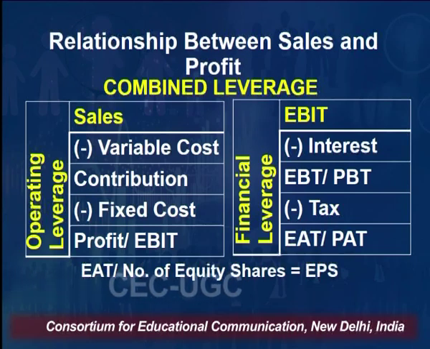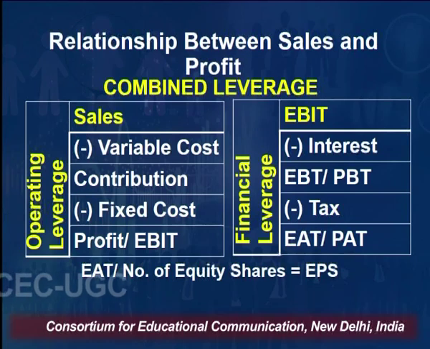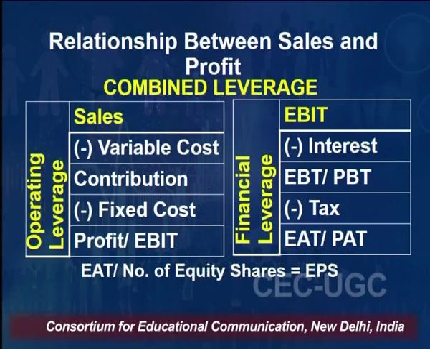So, what is operating leverage? On the screen, on the left hand side of the table, you can see how operating leverage is calculated or how it works. We start our calculation with the sales. Out of sales, we have to deduct variable cost. Once we deduct variable cost from the sales, we get the value of contribution.